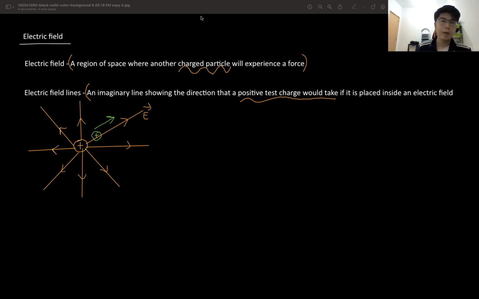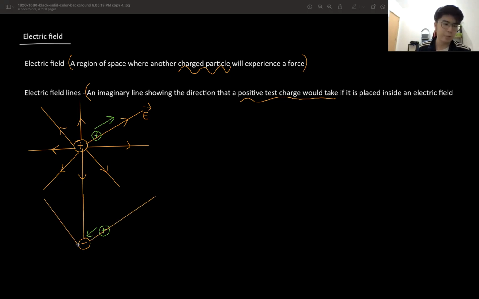Now, what about a negative charge? A negative charge here, and I put a positive test charge. Our test charge is always positive. What will happen to the test charge? It will move towards it, right? So we use the motion of the test charge to make our electric field line.